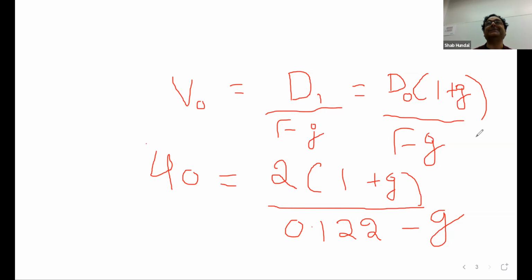Just a basic equation. Solve for G. And then G comes to be 6.86%.